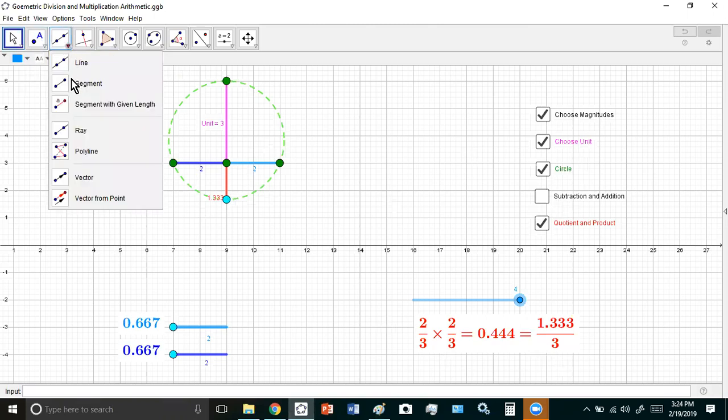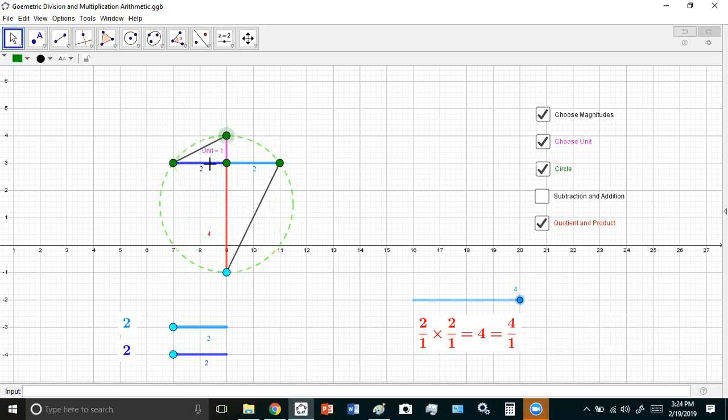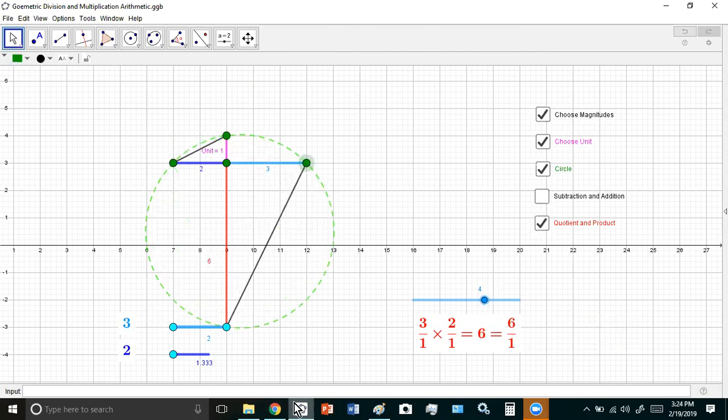In other words, we're still using these results. So we can say, all right, let's bring this down here, like so. And now 2 times 2 is 4, and we're back to this again, which is no problem because we've already seen how that works.